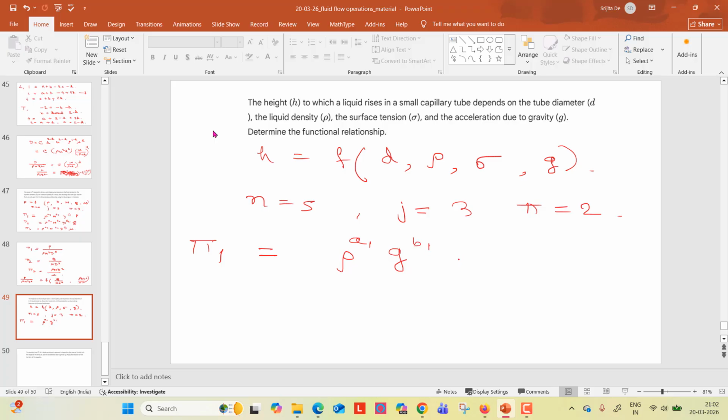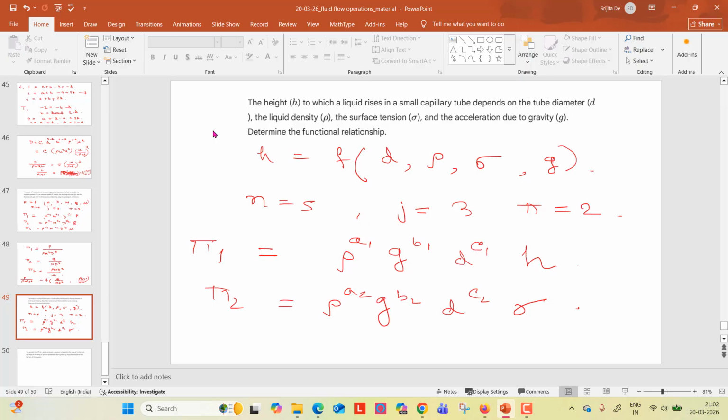These are geometrical characteristics. It will be multiplied with h, and the second number will be rho to the power a2, g to the power b2, d to the power c2 into sigma.